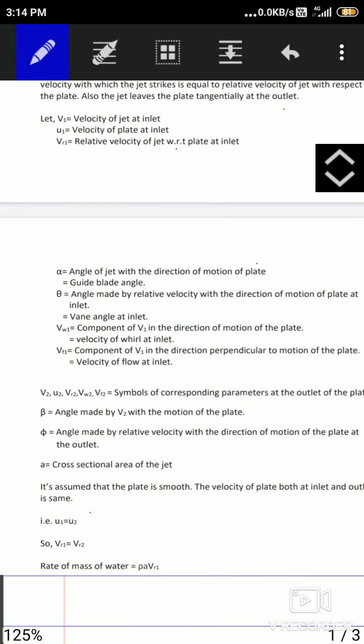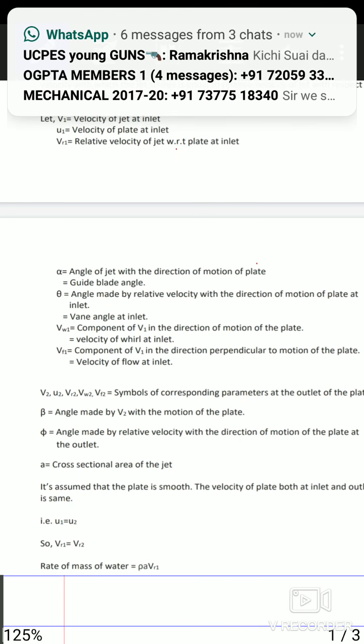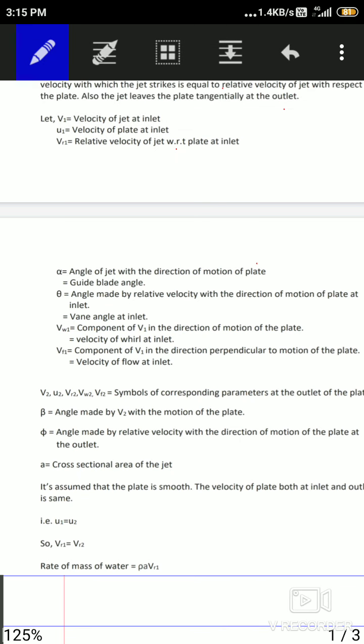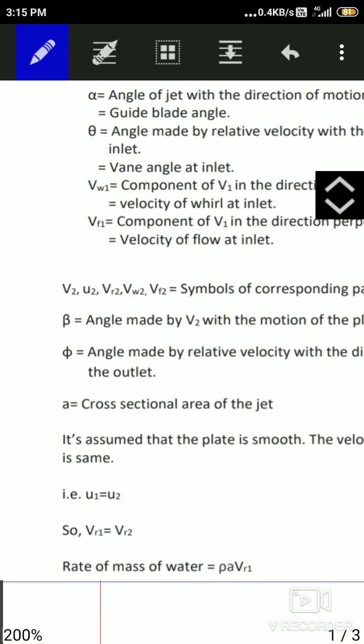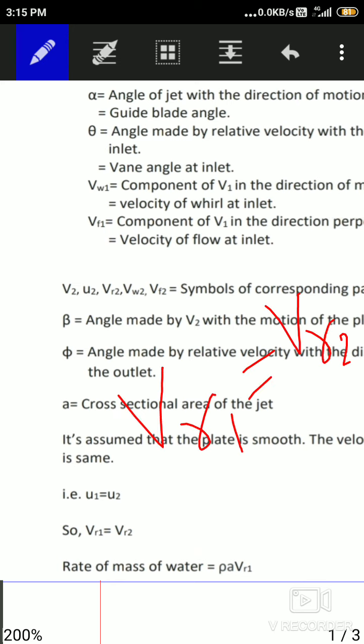Another thing is assumed: the water strikes the plate without any shock. That means the water enters the plate without any shock, and that is possible only when VR1 is equal to VR2.